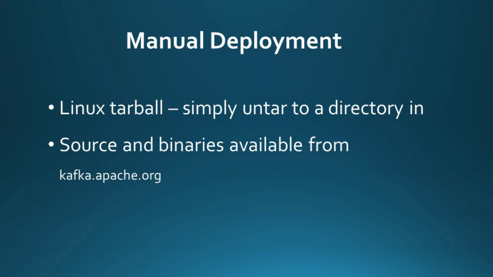So these are the basic ways that you could get Kafka deployed. It could be Puppet or Chef or another system you're using to deploy software in your environment. It could be an RPM that you use. It could just be a tarball that you're using.